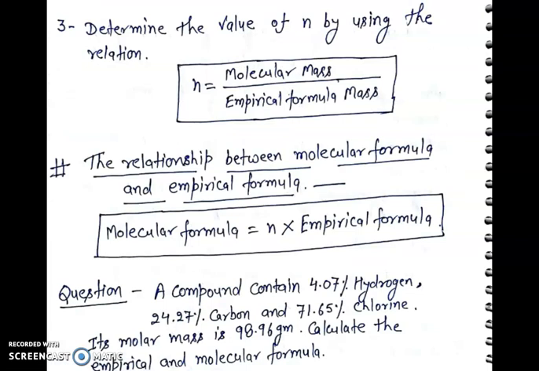Third, determine the value of n by using the relation n is equal to molecular mass divided by empirical formula mass. The relationship between the molecular formula and the empirical formula is: molecular formula is equal to n into empirical formula.